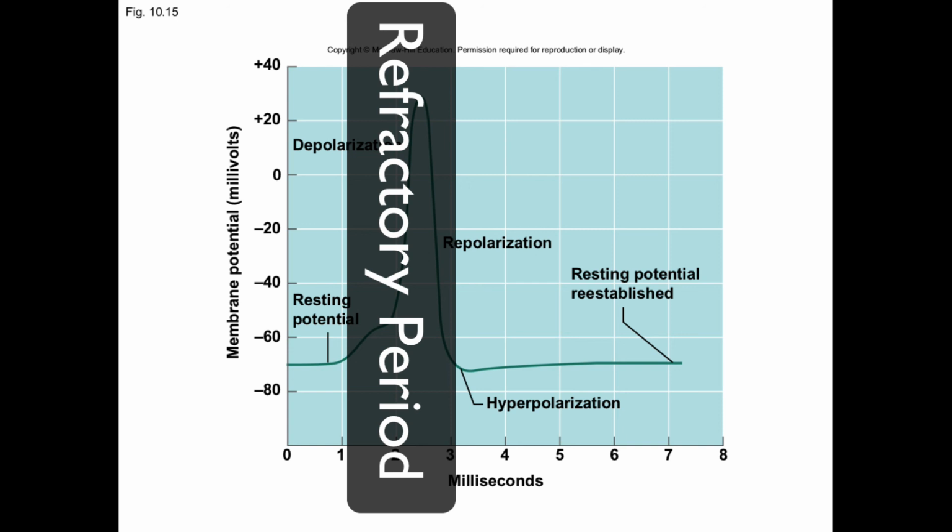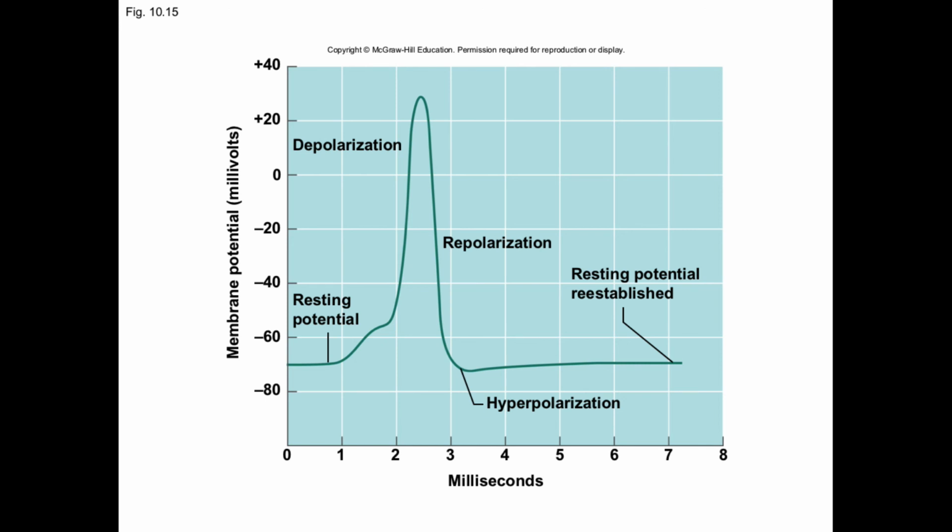The relative refractory period follows the absolute refractory period. So most sodium channels are in the resting state and some potassium channels are still open for repolarization that's occurring. Threshold for an action potential, class, is substantially elevated, so a stimulus that would normally generate an action potential is no longer sufficient during this relative refractory period.